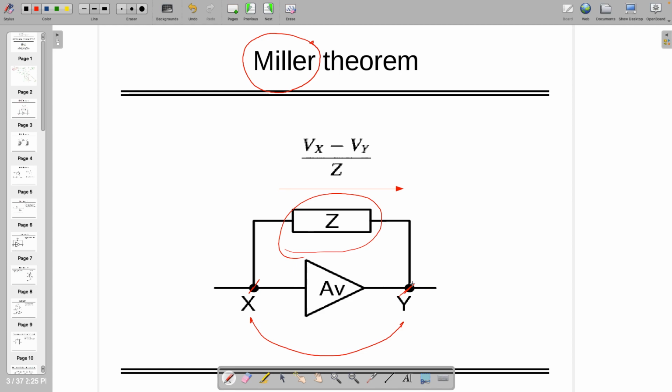One of them has been considered as minus. So if this is plus and this is minus, and if this is the direction of the current, then it has to be Vx minus Vy by Z. Okay, this is one thing.